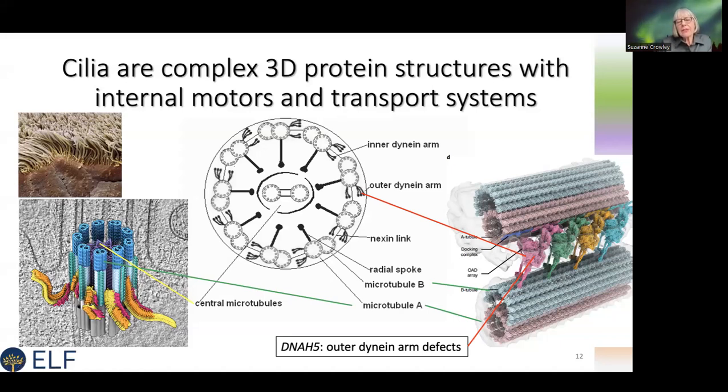We have outer dynein arms and inner dynein arms, and you've probably heard about these. These are the internal motors of the cilia. I think about cilia as being a bit like a machine, but instead of using plastic or metal to build a machine, we use proteins in the body to build a machine.